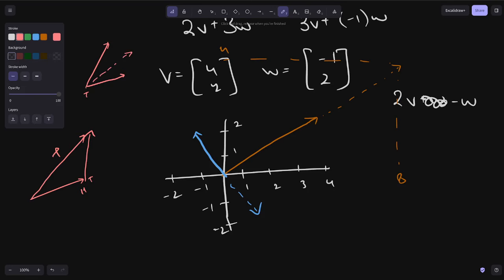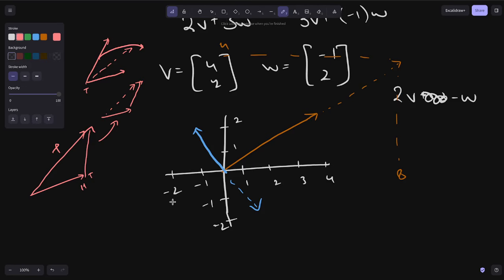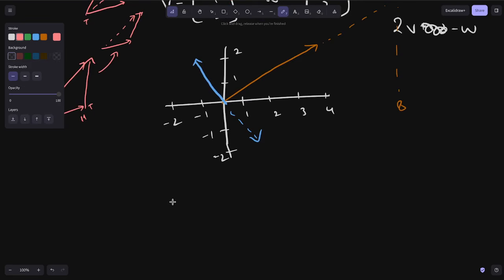How do I find this line? Simply push this vector here, so this vector comes to be here, and using this you can find it very easily. This is how vector addition works. I showed you addition, subtraction, multiplication. You have seen all cases here.